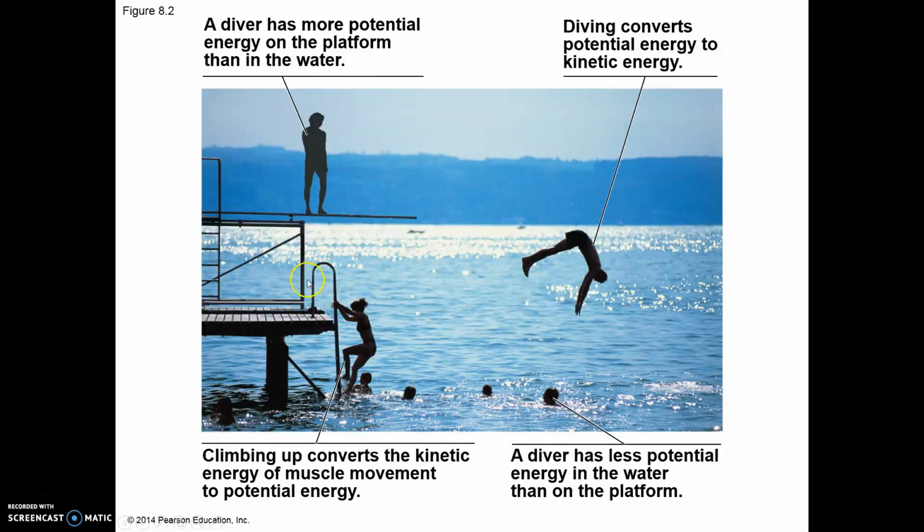We then can utilize that kinetic energy to move us up. Once we get up to the top back on the diving board, all of that kinetic energy from all the food that we've been digesting has now been restored in the form of potential energy.